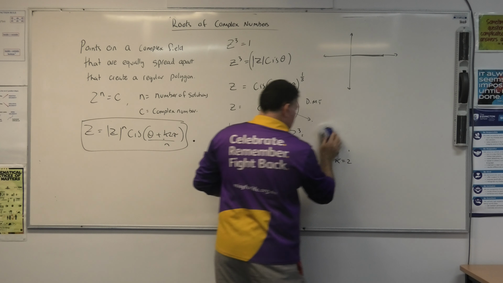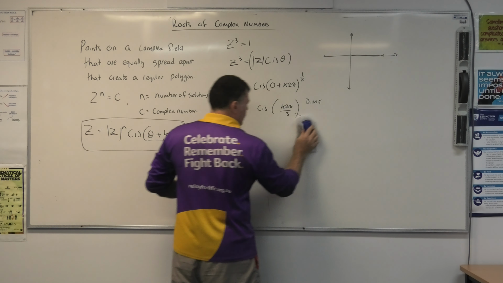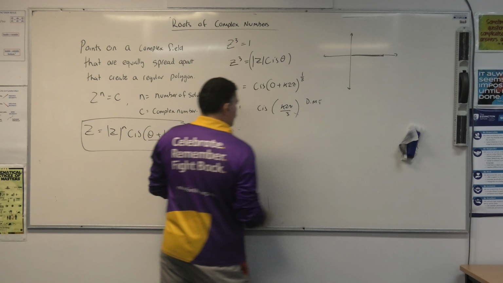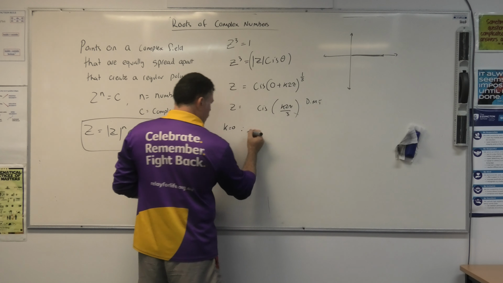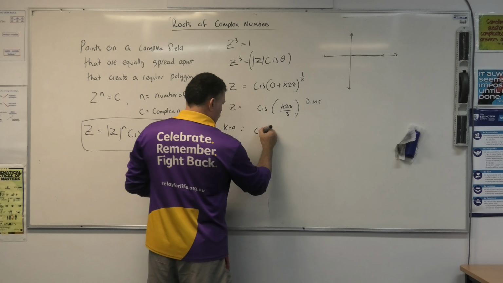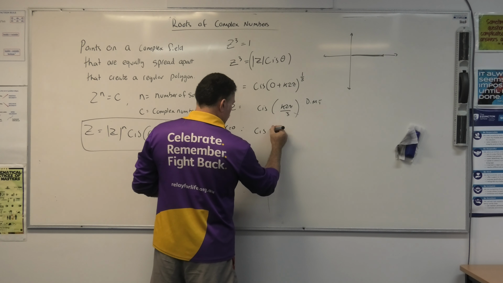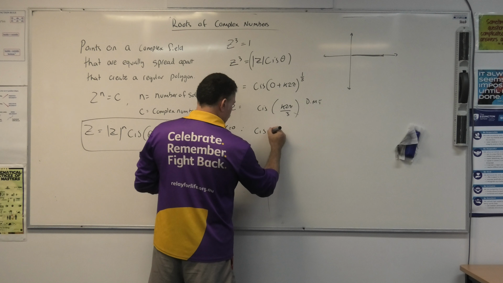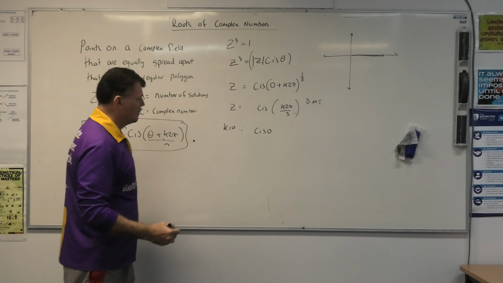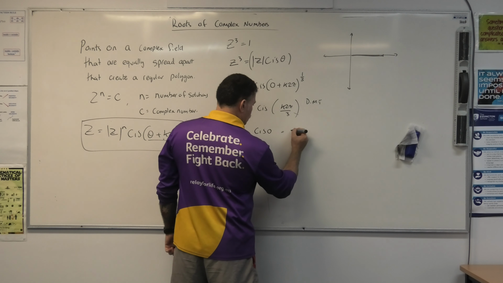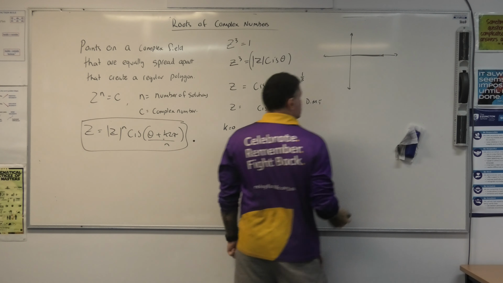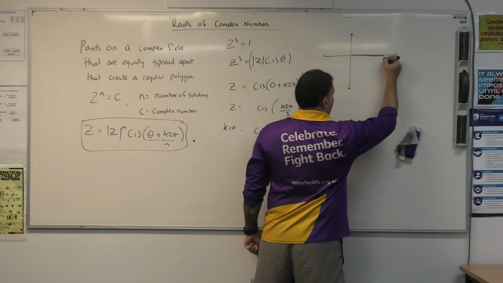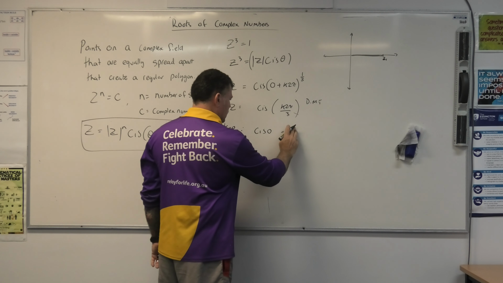Looking at the question above, when k is equal to 0, I replace 0 into here. So I get cis 0, which is our starting point, just here. I'm going to call that Z1, my first complex point.